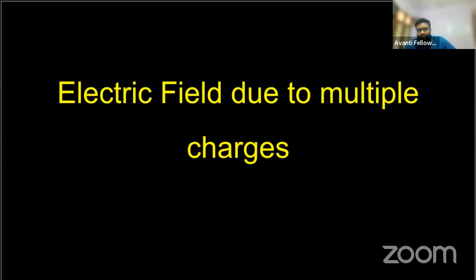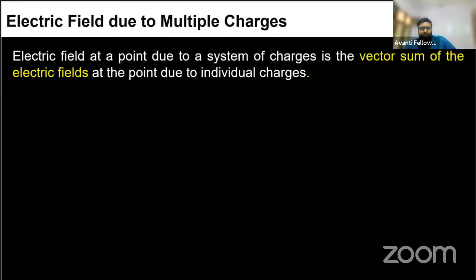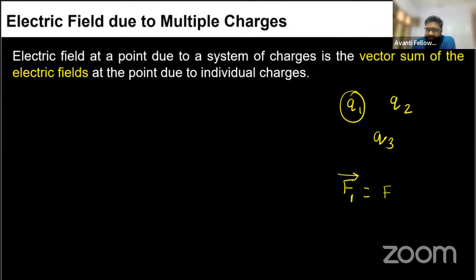Okay, very good. Now, electric field due to multiple point charges. So it is the same that we did in the previous class. In the previous class, we saw that if there are Q1, Q2, Q3 different charges, the force felt by Q1, I am denoting it as F1, is the vector sum of the force applied by the other charges.